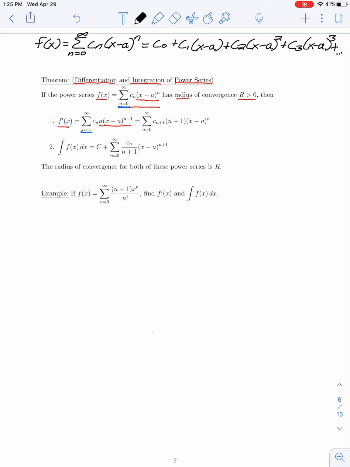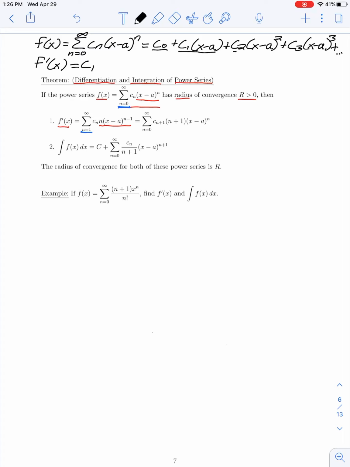So if we take the derivative of this function, f prime of x, this theorem says we can take our derivative term by term. Starting with our first term, c naught, which is a constant, the derivative of a constant is 0. Then for our next term, the derivative of c1 times x minus a gives us c1 times 1.